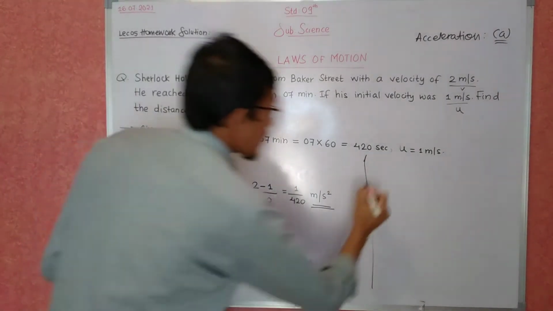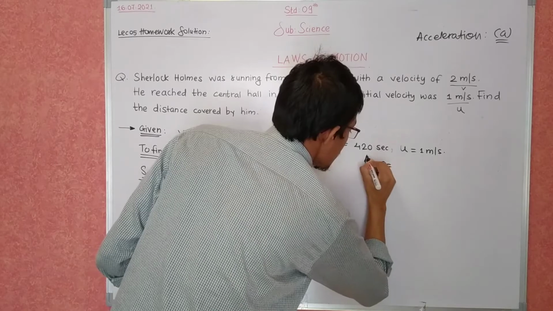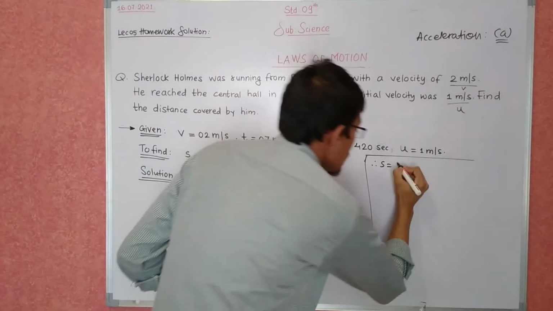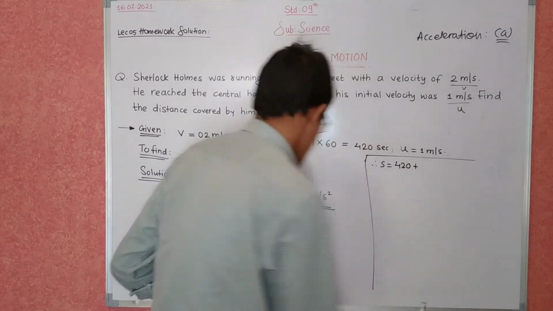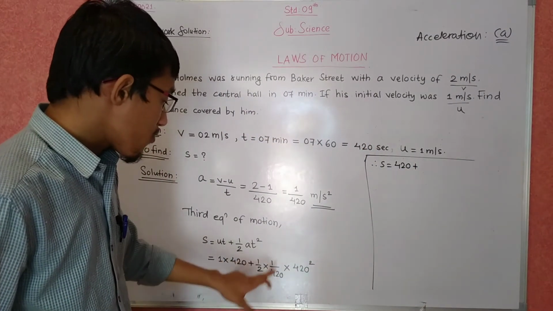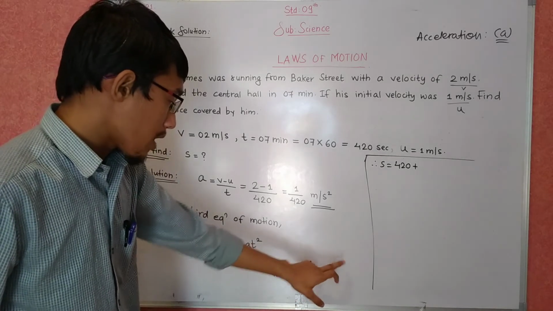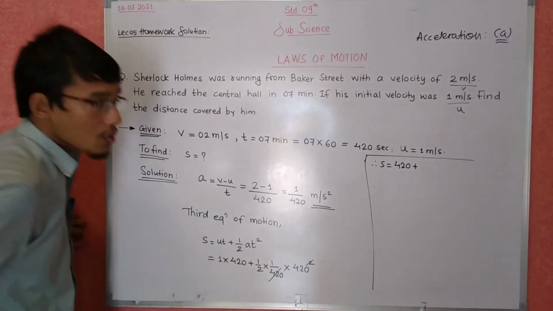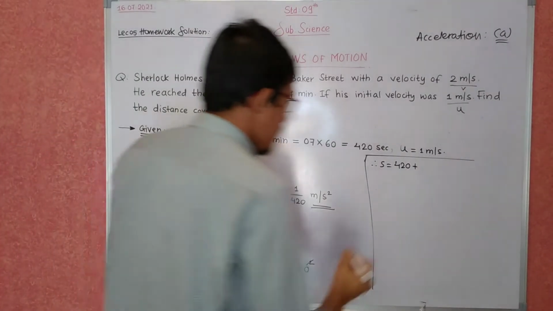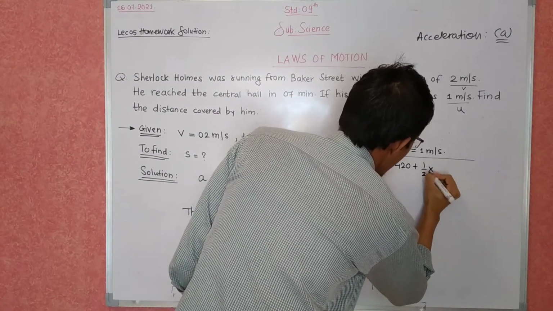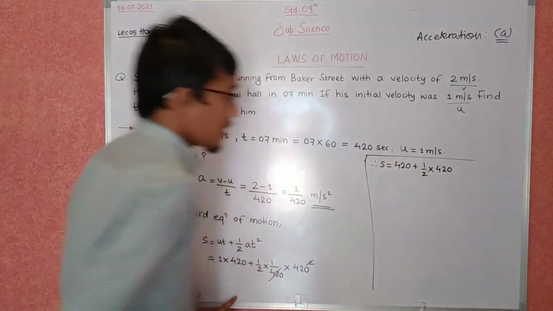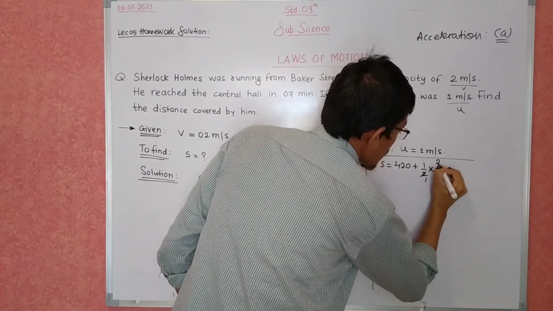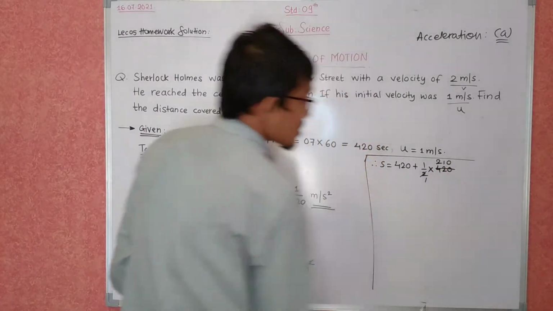Therefore s is equal to 1 into 420, which is 420, plus half into 1 upon 420 into 420 square. Here one 420 and the 1 get cancelled out, so we get half into 420. 2 ones are 2, 2 twos are 4, 2 ones are 2, and 2 zeros are 0.